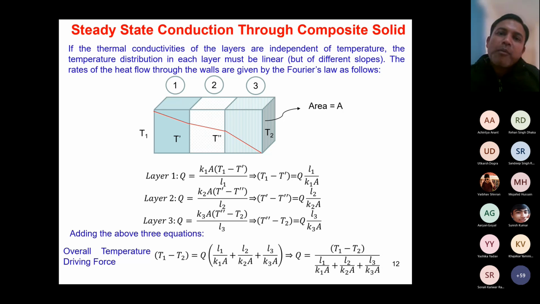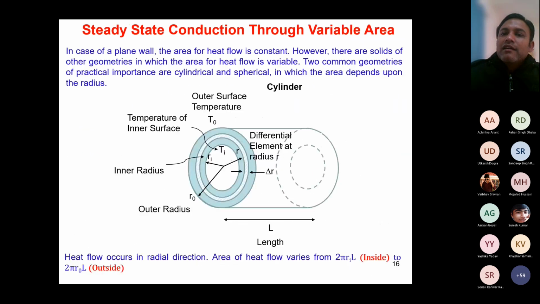Then we further complicated our analysis and looked at the geometries where the heat transfer area itself is varying, like cylindrical or spherical surfaces. In such cases the heat transfer area changes as we move along the conduction direction in a radial direction, so we require a shell balance.